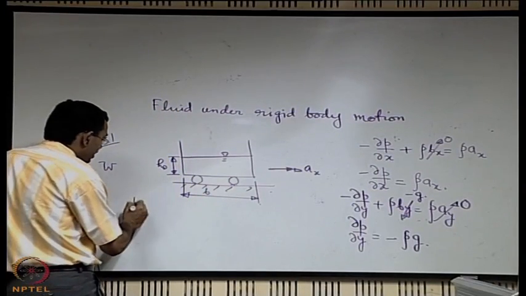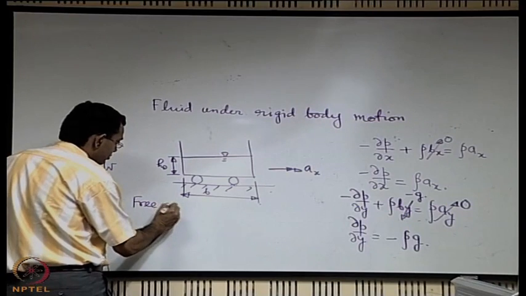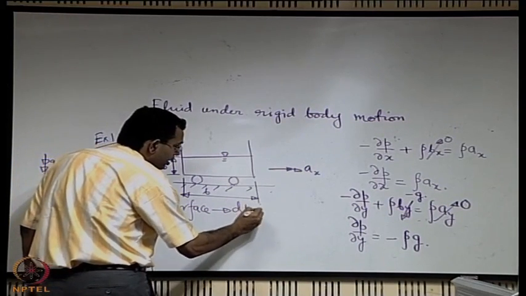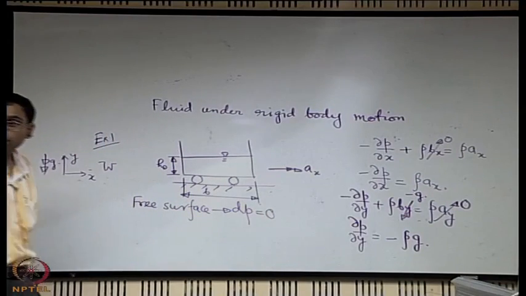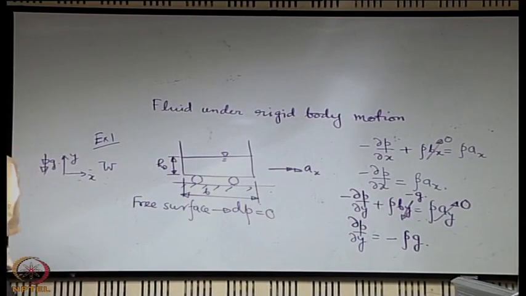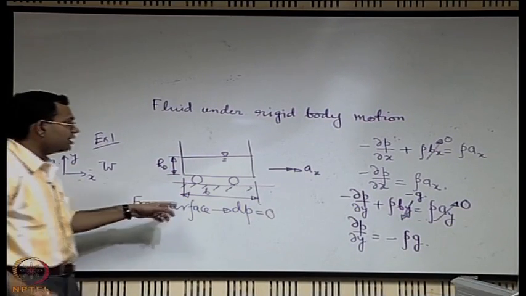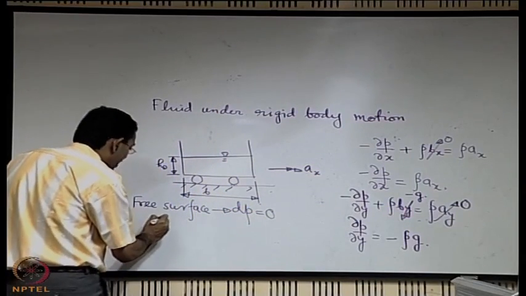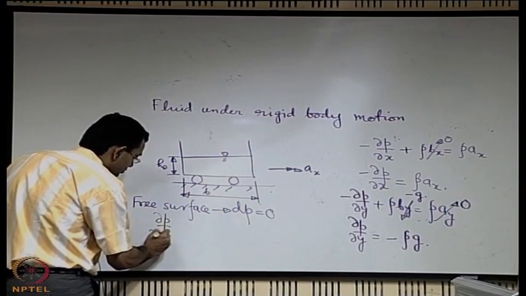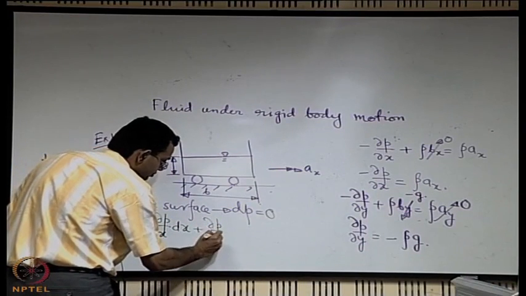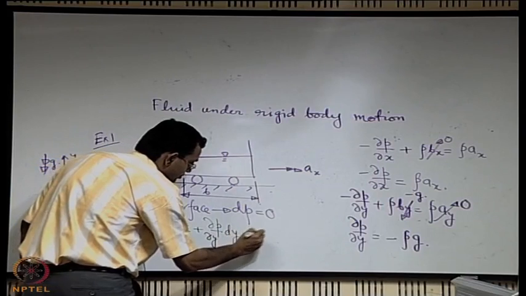So for the free surface you must have dP equal to 0; that should be the governing parameter for locating the free surface. When you have dP equal to 0, remember that P is a function of both x and y, so you can write dP as the partial derivative of P with respect to x times dx plus the partial derivative with respect to y times dy.